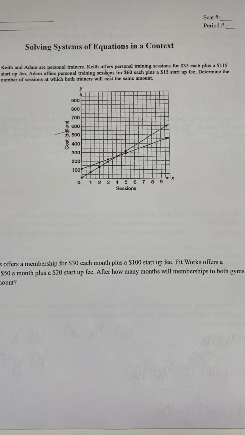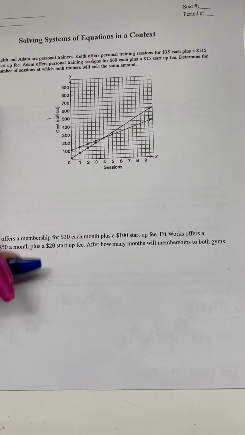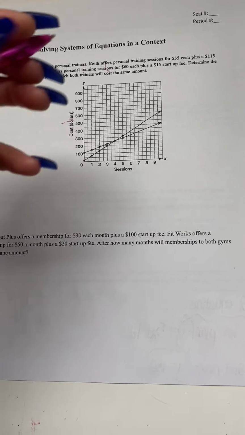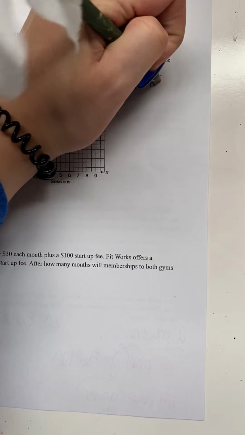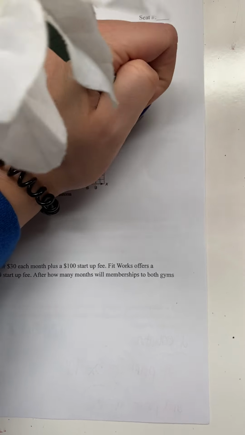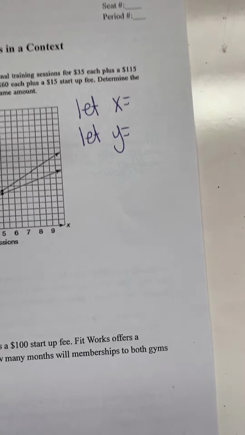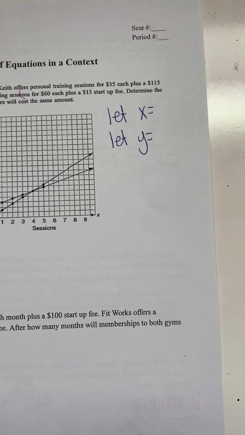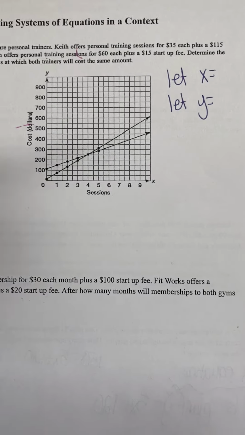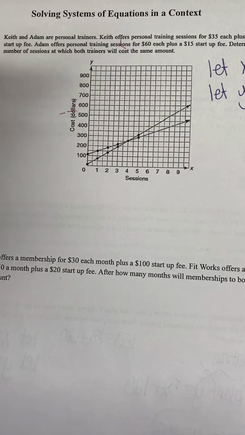The first thing I want you to do on any type of word problem like this is to put let x equal something and let y equal something. So x has to represent some type of thing in words, and y has to represent some type of thing in words. I want you to try to figure that out on your own right now.